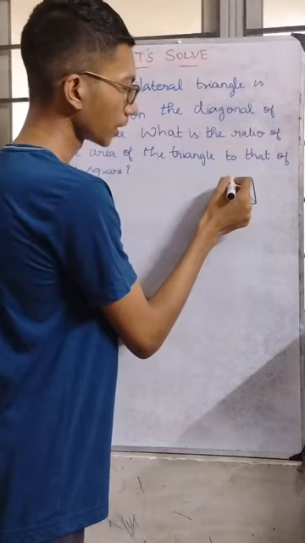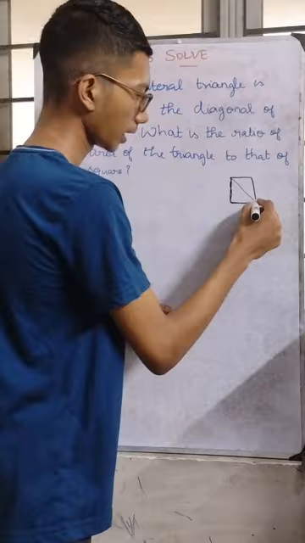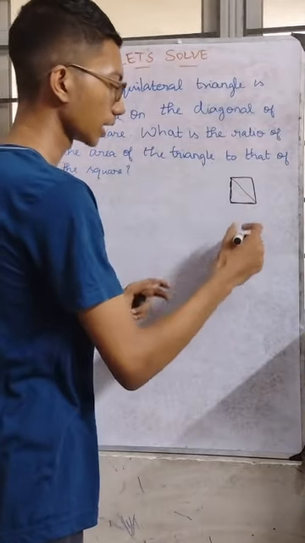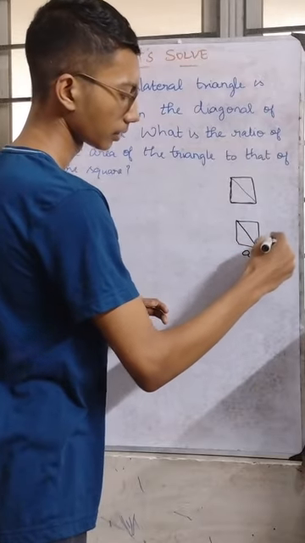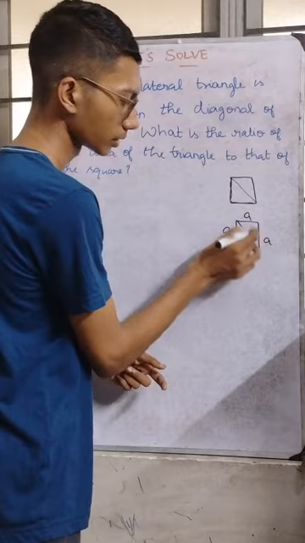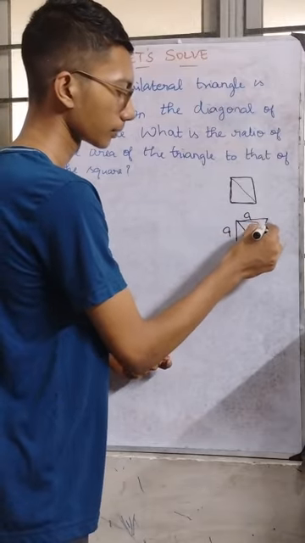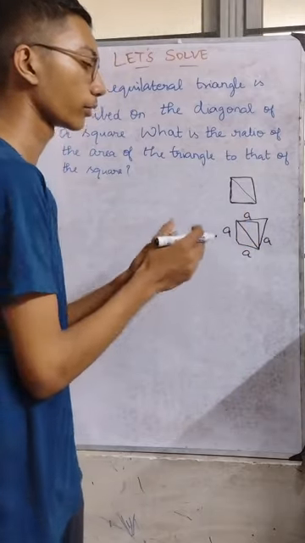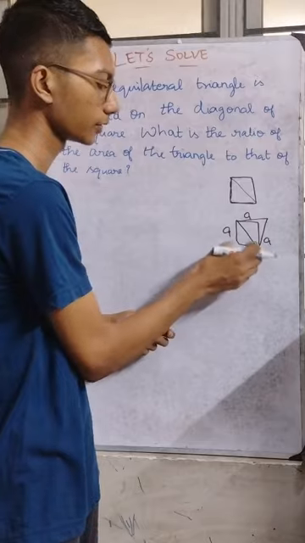So let's say this square has length A and this is the length of its diagonal. An equilateral triangle is drawn here, like this. We need to find the ratio of the area of this equilateral triangle to that of this square.